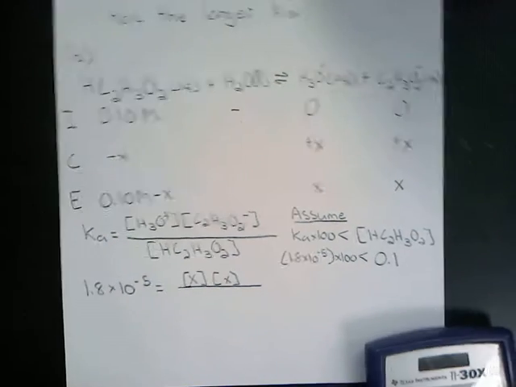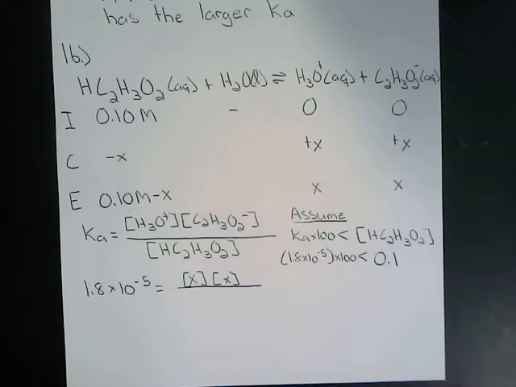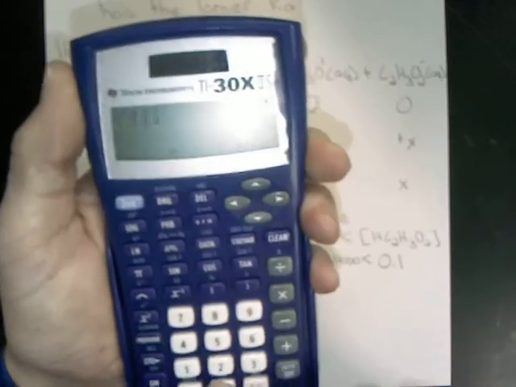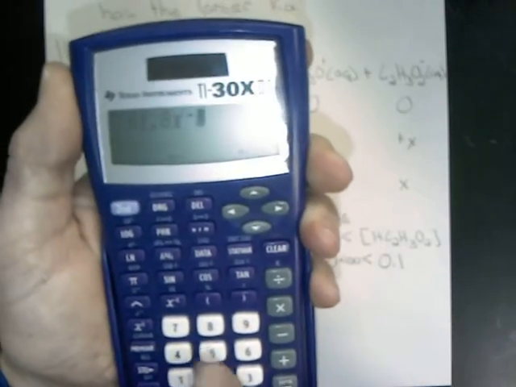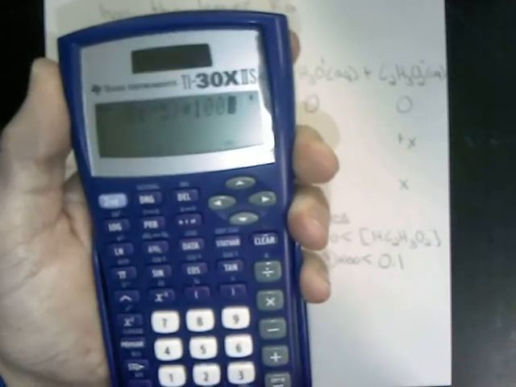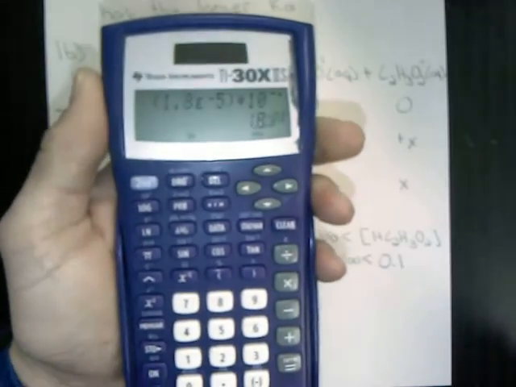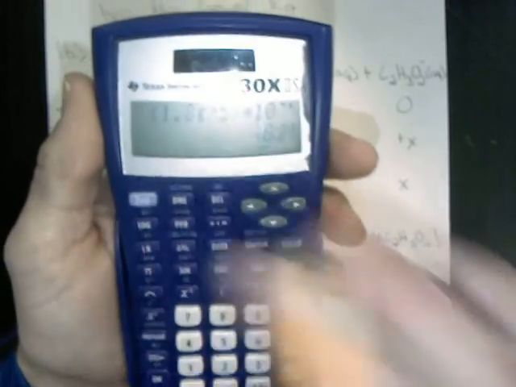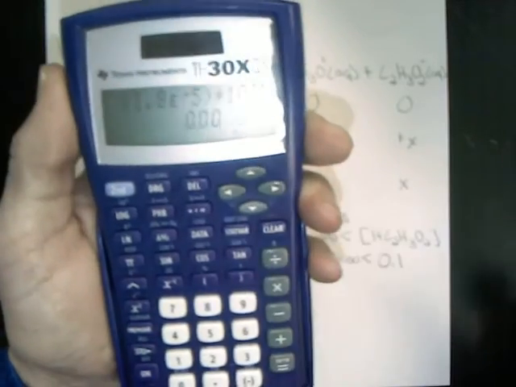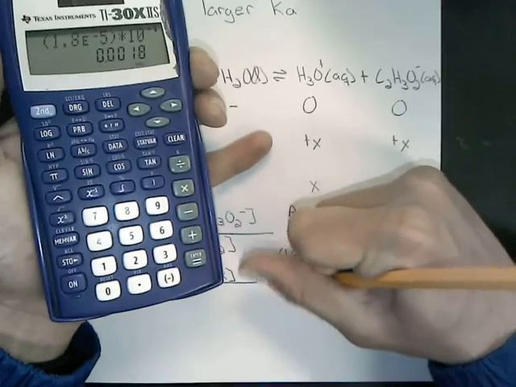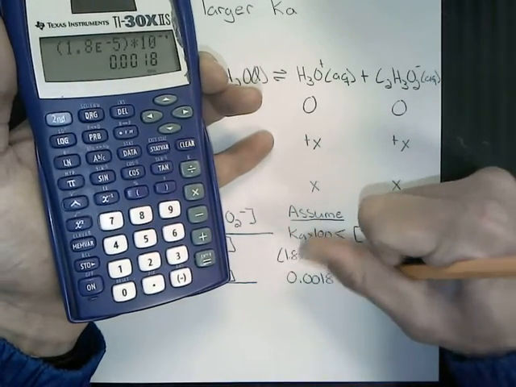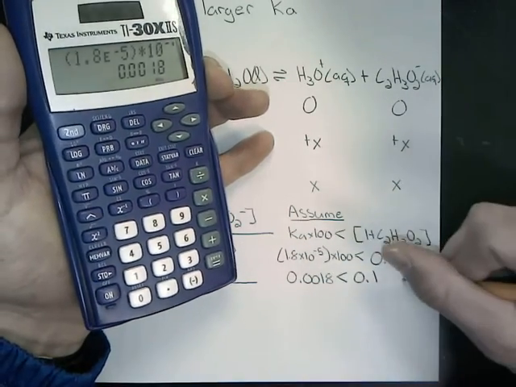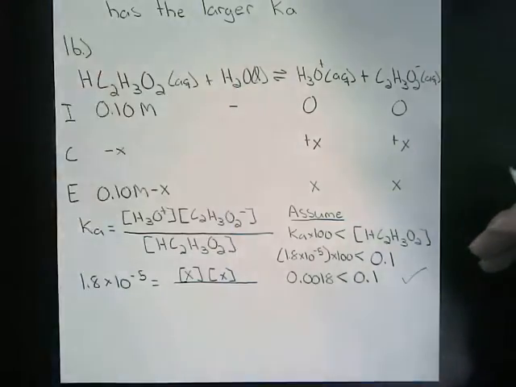Okay, so I'm just going to throw these numbers into the calculator: 1.8 times 10 to the negative fifth times 100, and if we take it out as scientific notation, we get 0.0018. So 0.0018 is less than 0.1. So that is true, right? I like to put a little check mark there to show that that is true.